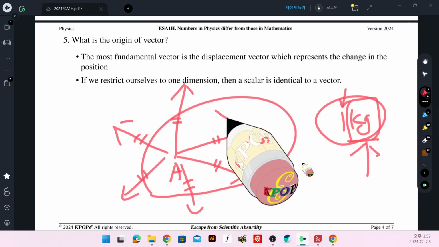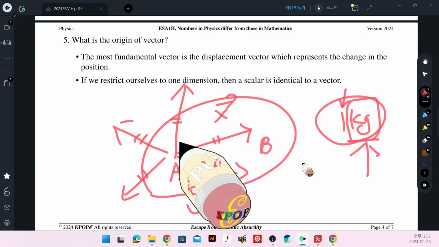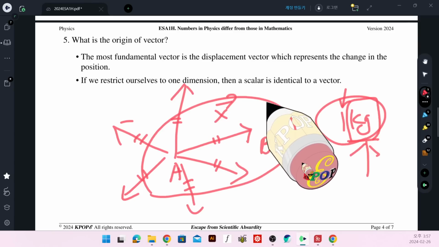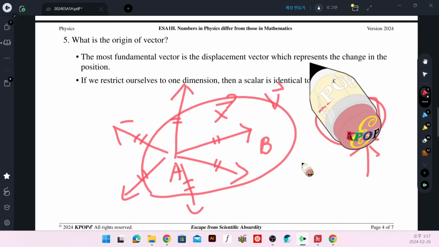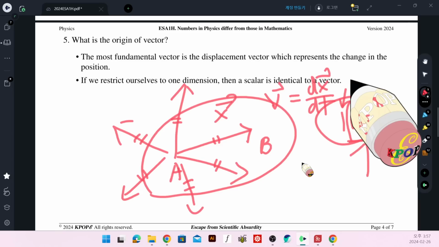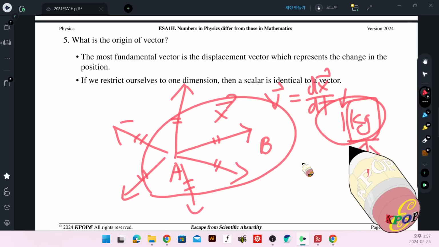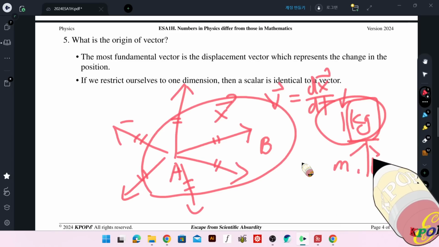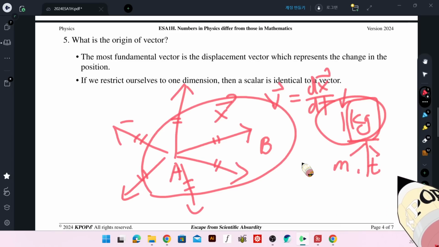Here, position or displacement vector, and its time derivative, velocity, and the time derivative of the velocity, these are all vectors, and mass, time, temperature, and so on, the single real number in units of a physical reference of physical quantity is called a scalar.